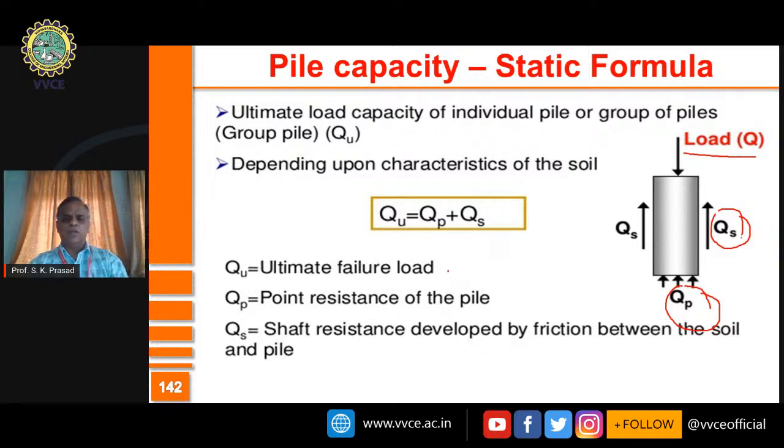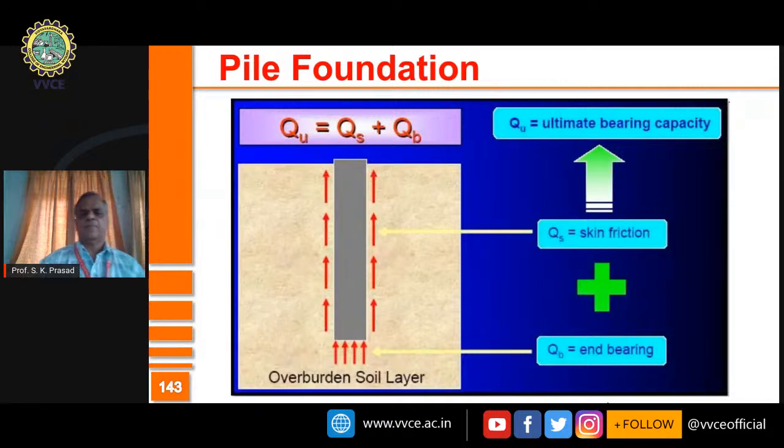So QU, ultimate load carried by the pile, is equal to QP, point resistance at the tip, plus shaft resistance along the skin, along the surface of the pile. So ultimate bearing capacity is equal to skin friction plus end bearing. So this is end bearing QB and this is skin friction QS.